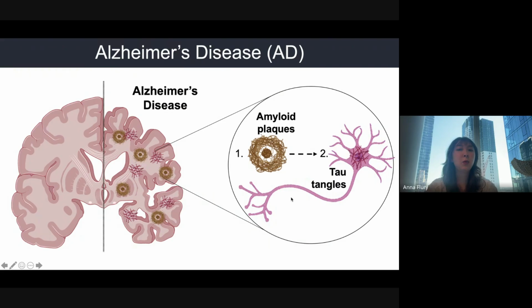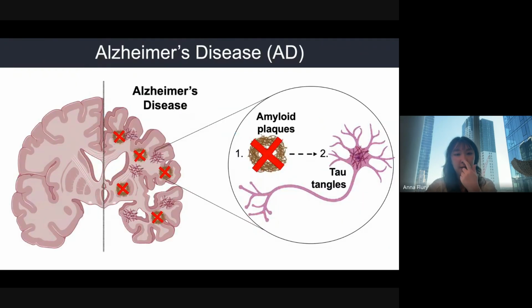This temporal order has led to the idea that amyloid plaques are an initiating event that lead to a cascade that results in tau tangles and then neurodegeneration and cognitive decline. So a lot of therapies are aimed at trying to target this initiating event, the amyloid plaques. Some of the drugs that do that are actually quite successful at clearing plaques from the brain.